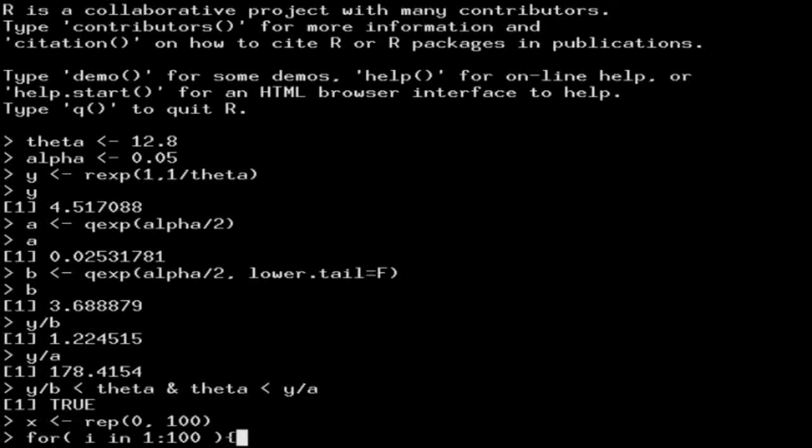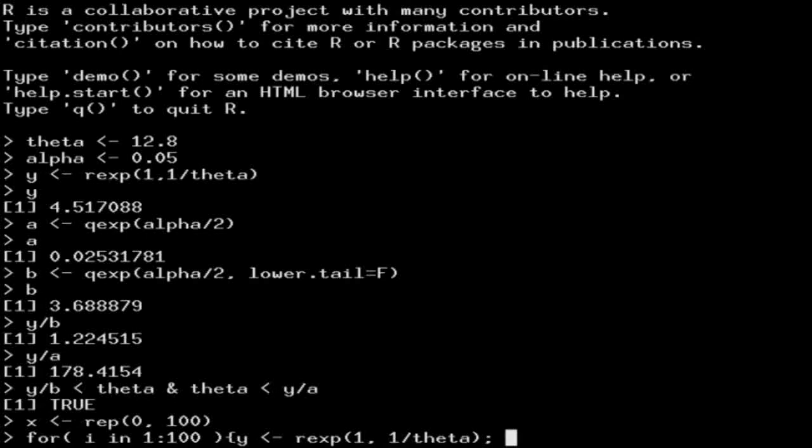Now we want to perform this experiment. We have A and B, which are not really dependent on our experiment, but we do have our random sample y. And y is a random sample from our exponential distribution.